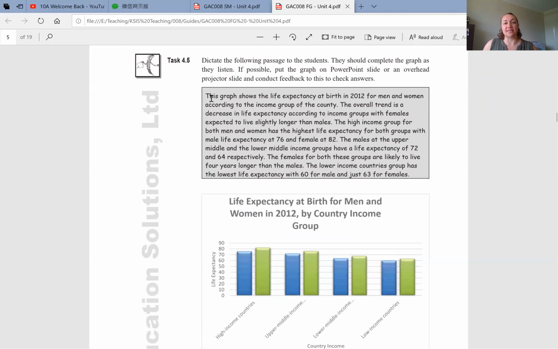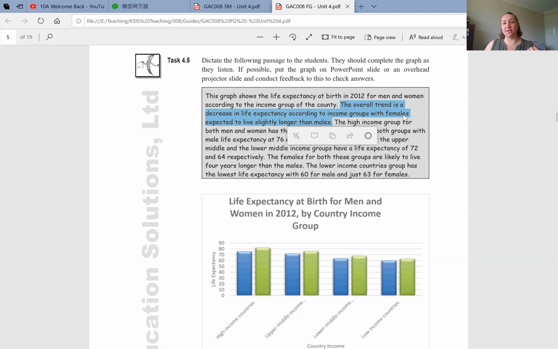Again, this is a really good example of a description of a graph, and that's what your assessment is going to be, all right? So at the beginning, they've actually explained what the graph is showing. Then they've shown that they have interpreted the information. So they're not just saying, this happened, this happened, this happened, they've actually interpreted it.